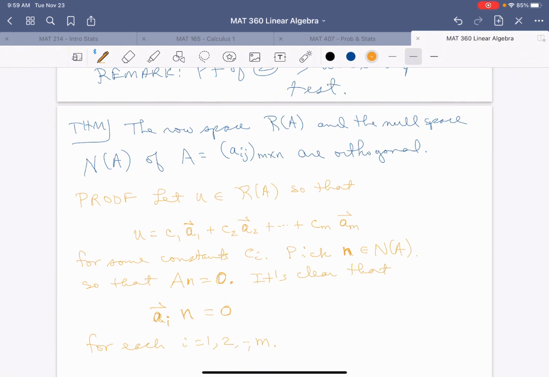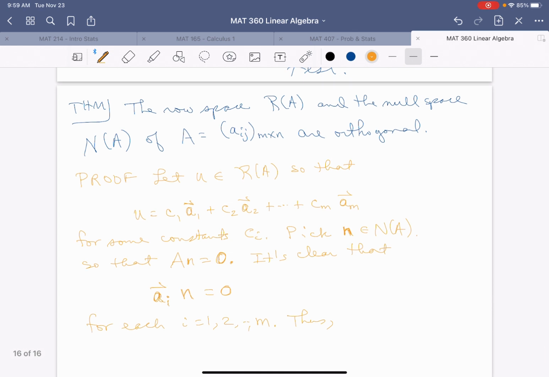Well, from this, it's pretty easy to get where we're headed, because now if we do the dot product of u, which notice that u also is already a row vector, because it's a combination of the rows of A. So the dot product of u with n is c1 times A1 plus c2 times A2 plus all the way to cm times Am.